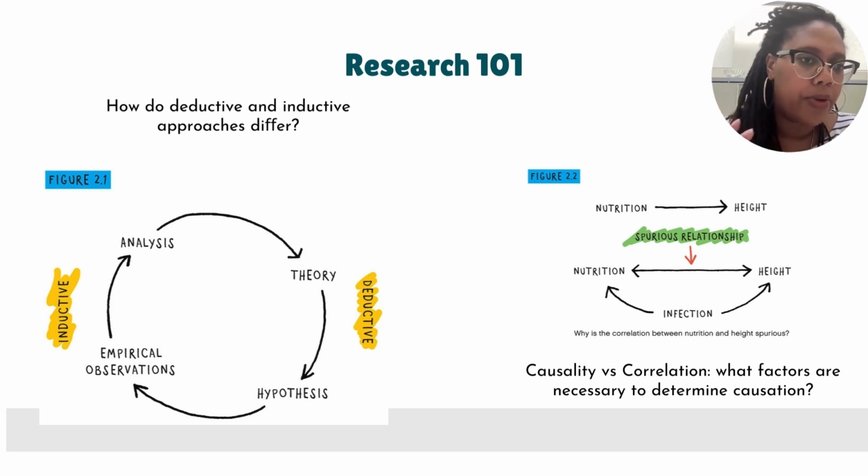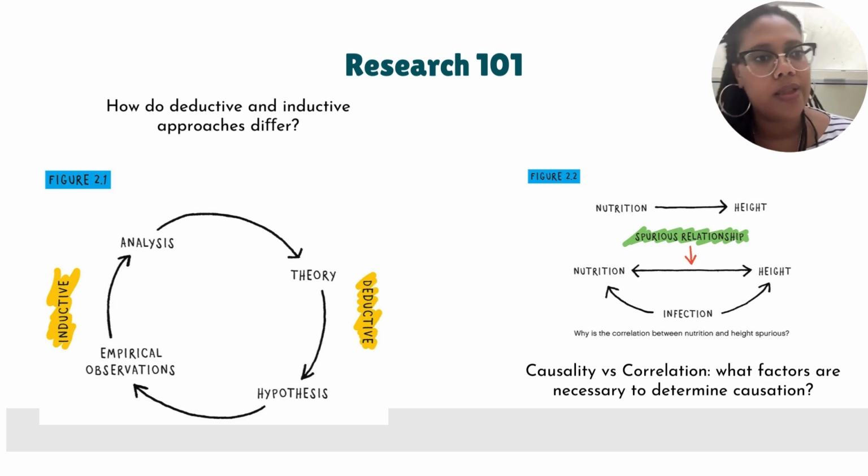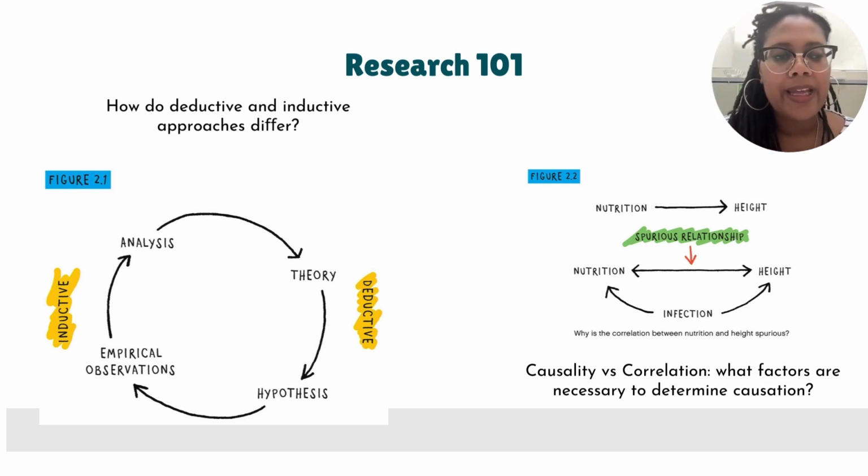So here's your example that's given in this figure, where typically we would think nutrition leads to height, right? So the more nutrition you have, the more height you'll have. The less nutrition, the less height. And we can't say that this is a causal relationship because there could be other factors that are influencing this relationship.